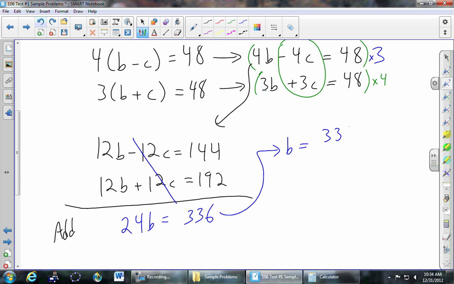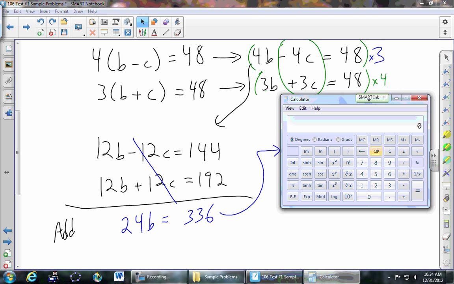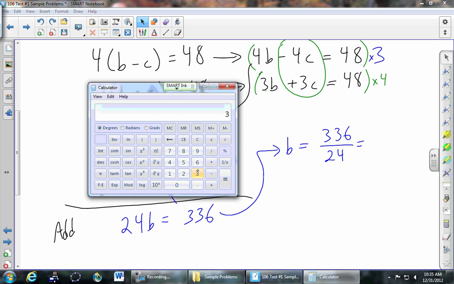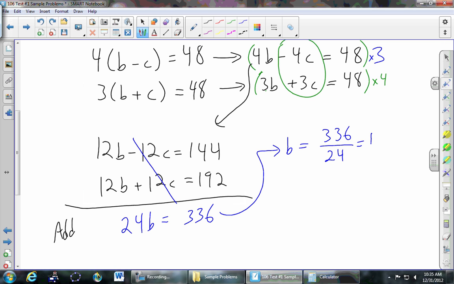Divide both sides by 24. And do that here. 336 divided by 24 is equal to 14. So 14 miles per hour is the speed of the boat in still water.